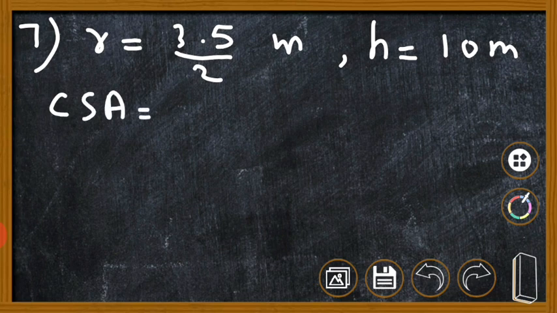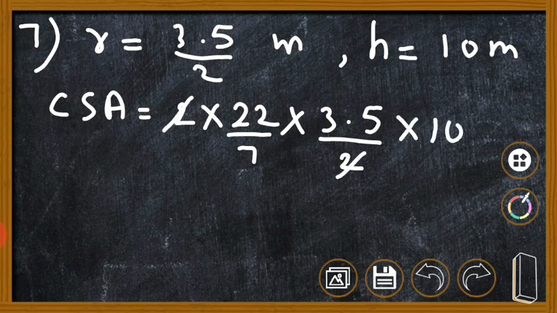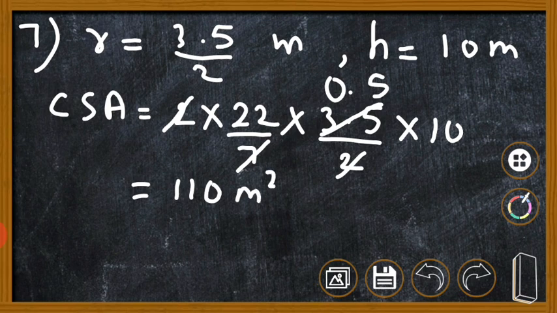CSA is equal to 2 pi RH. So 2 into pi value 22 by 7, radius 3.5 divided by 2, H 10. It's very easy. 2 and 2 we can cancel. 7 and 3.5 we can cancel with 0.5. So what is the answer? 22 into 0.5 into 10. So if you multiply, you will get 110 meter square.